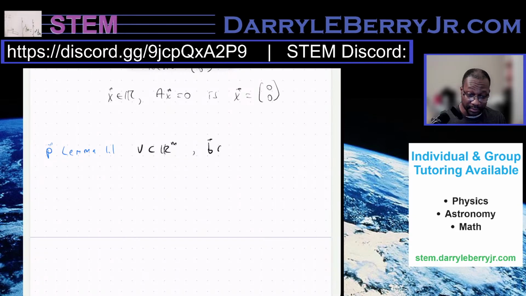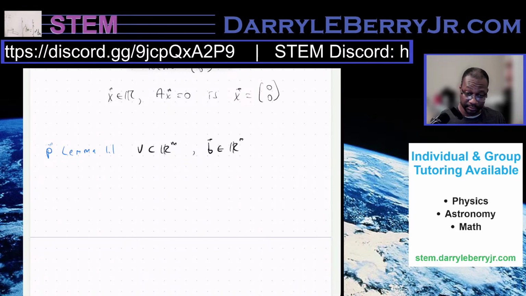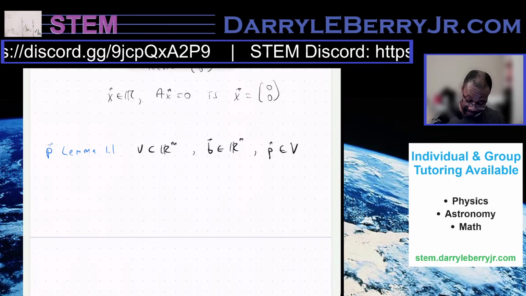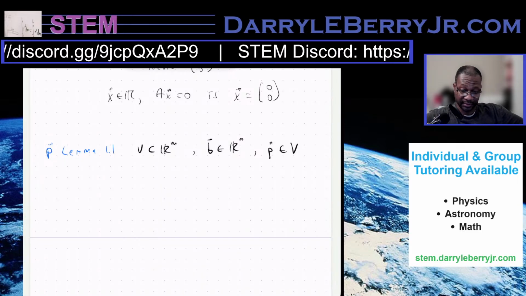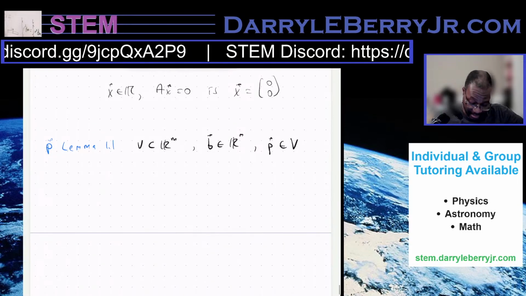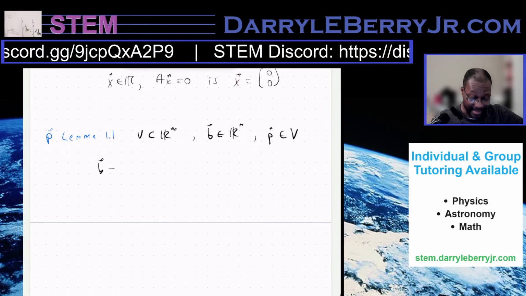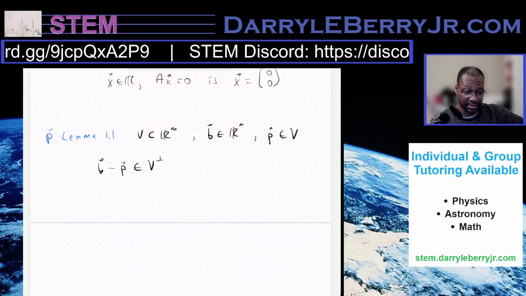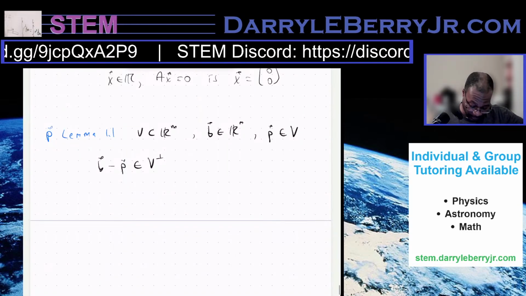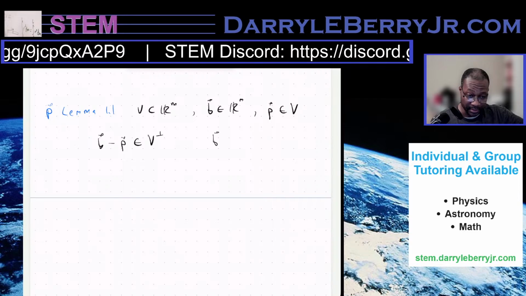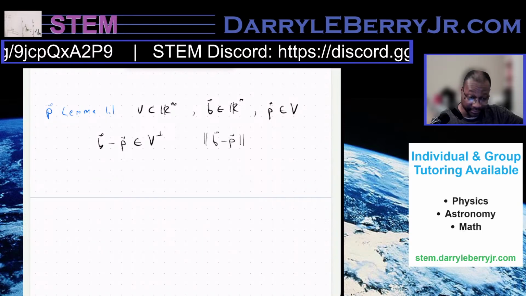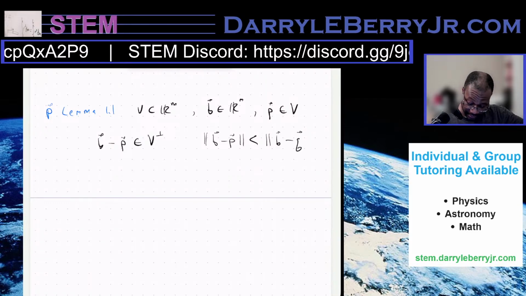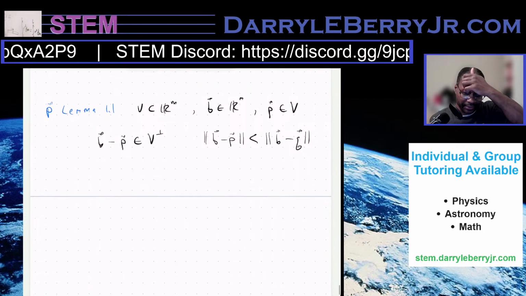And B is in Rm, and P is in the space V. It has the property that B minus P is perpendicular to the subspace we're talking about. So the magnitude of B minus P is less than B minus Q for all vectors Q in V.